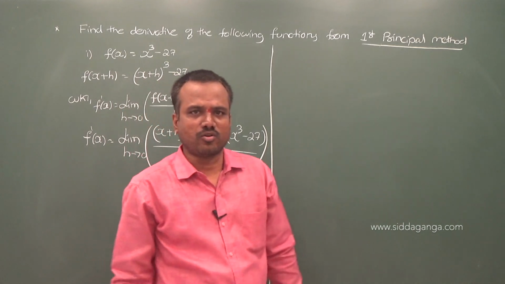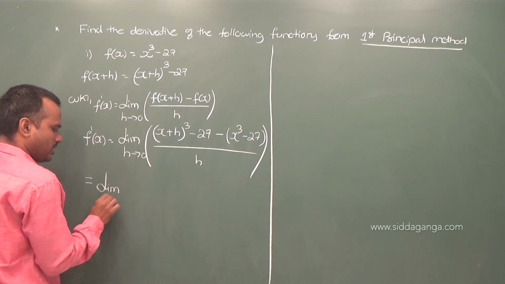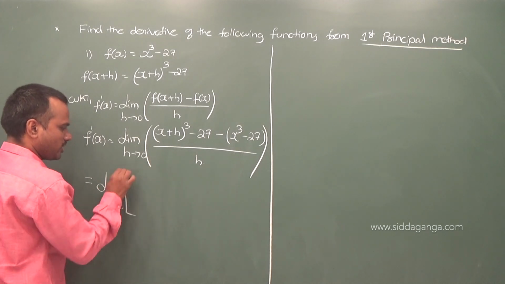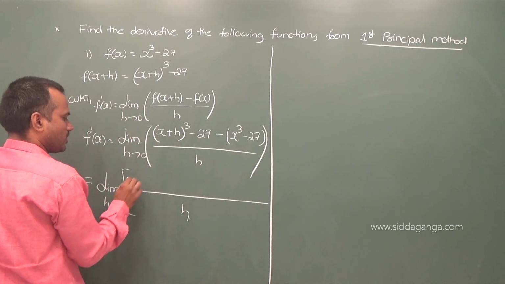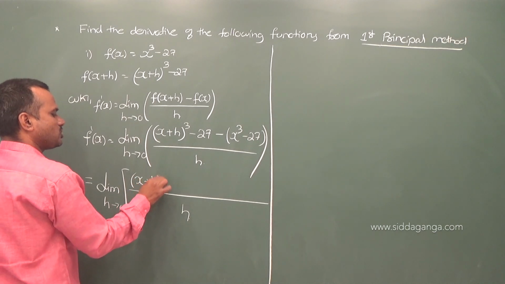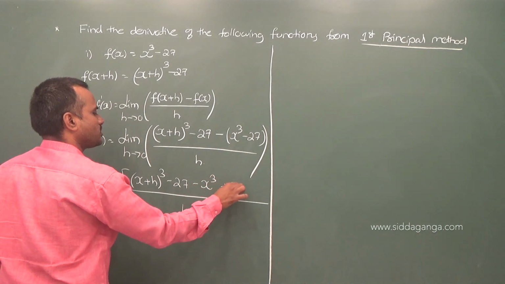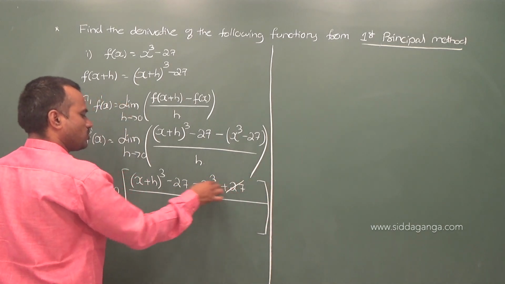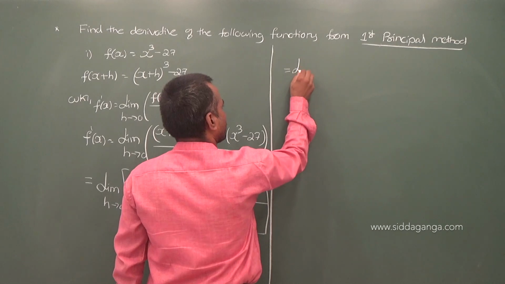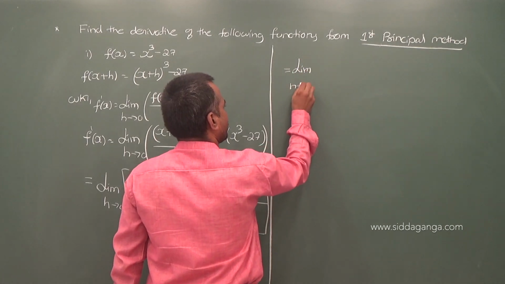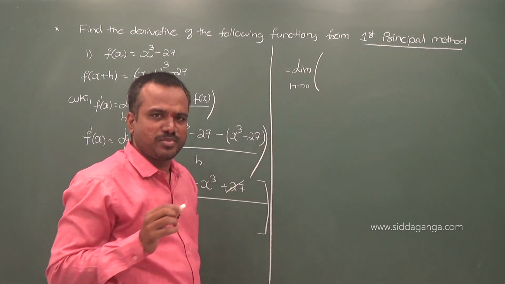That is equal to limit h tends to 0, the denominator remains h, x plus h whole cube minus 27 minus x cube plus 27. Plus 27 minus 27 get cancelled. So that is equal to limit h tends to 0. It is in the form of a plus b whole cube.